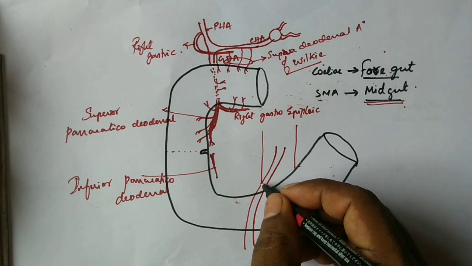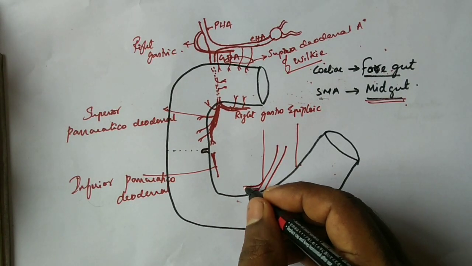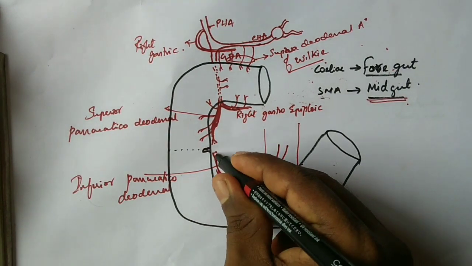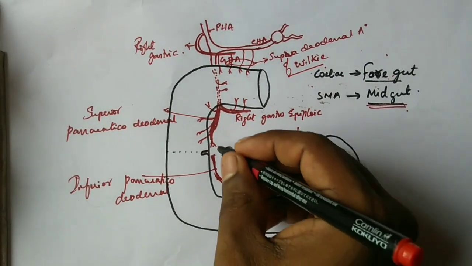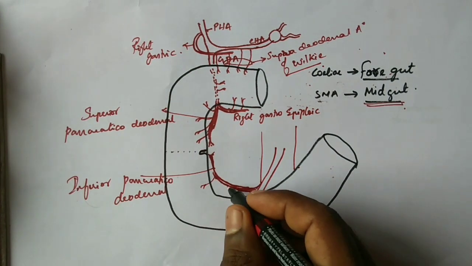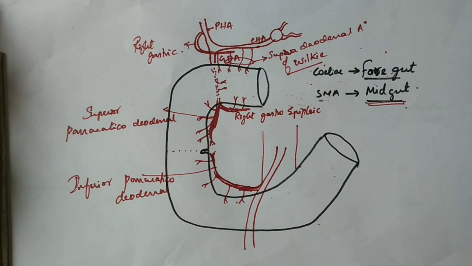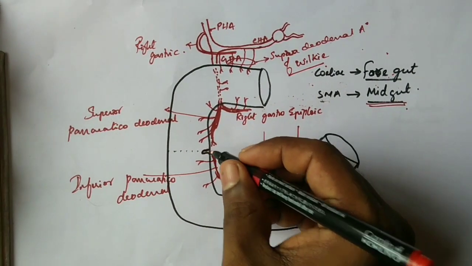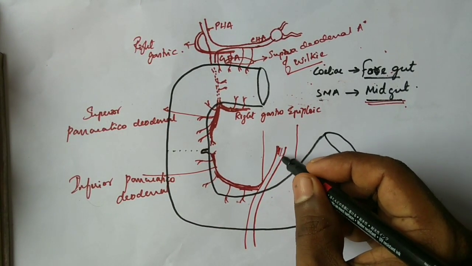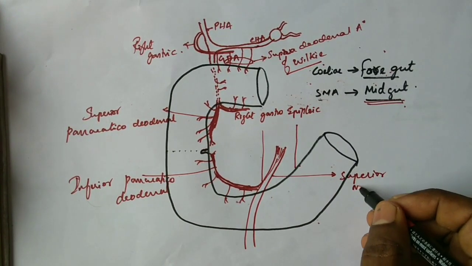This superior mesenteric artery will give a branch called the inferior pancreatico-duodenal artery, which will anastomose with the superior pancreatico-duodenal artery. So the part distal to the major duodenal papillae will be supplied by the inferior pancreatico-duodenal artery, which is a branch of superior mesenteric artery.